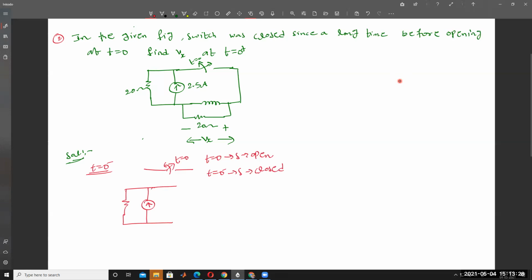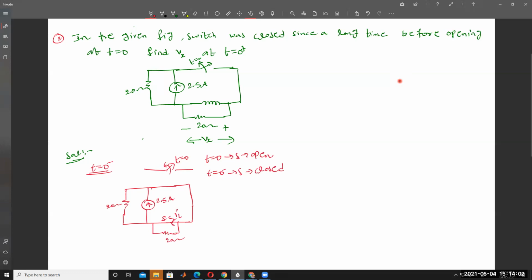So it's closed, and under steady state condition, the inductor acts as a short circuit, and this is the resistor. Here 20 ohm, here 2.5 amps, and then here 20 ohms. So this is called inductor.